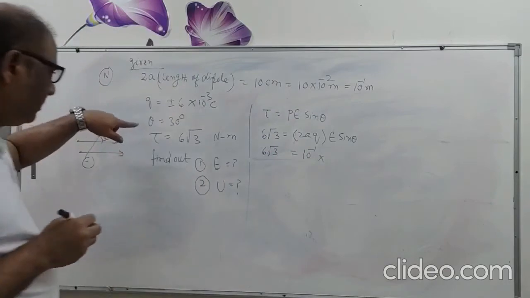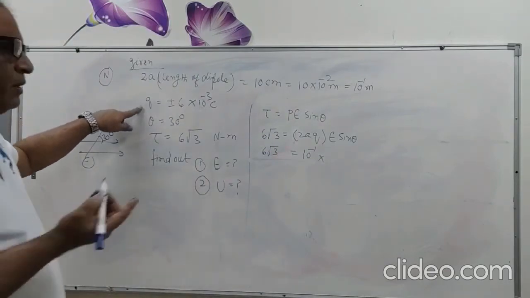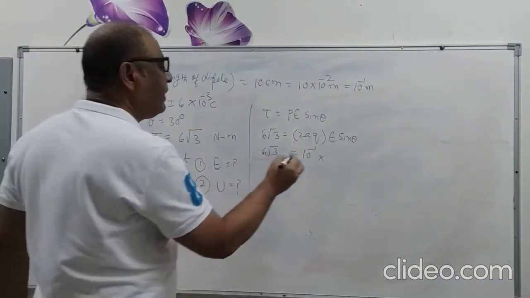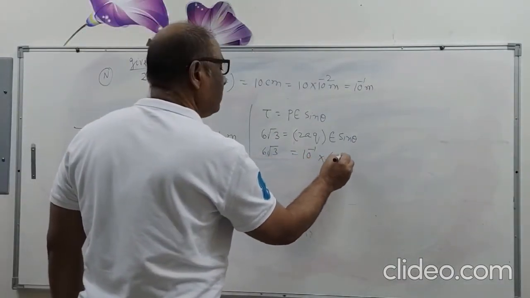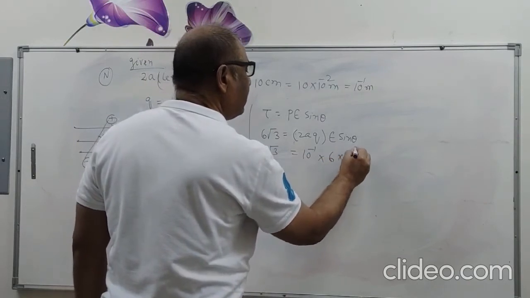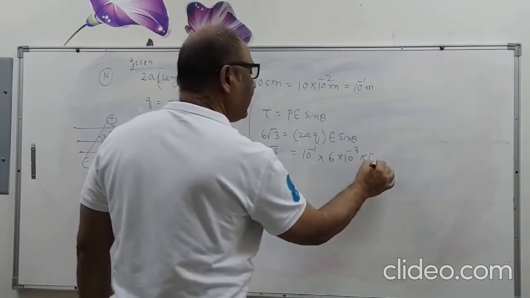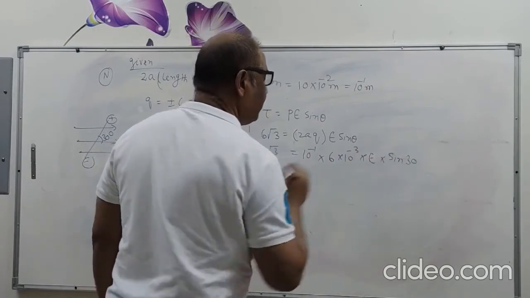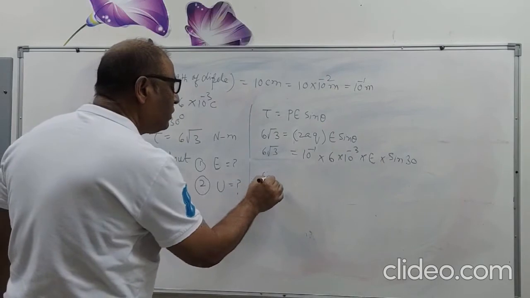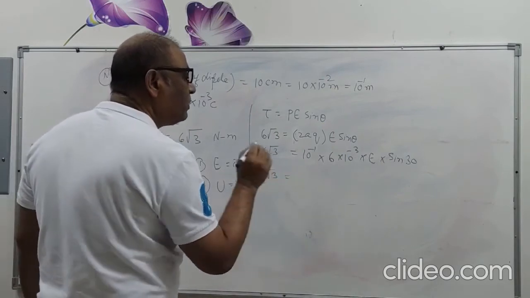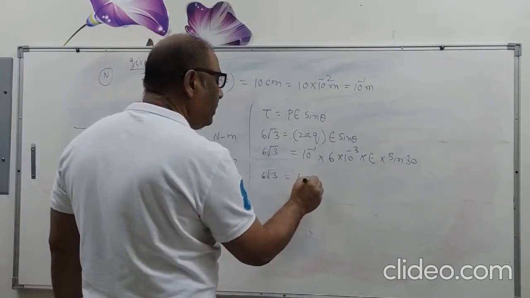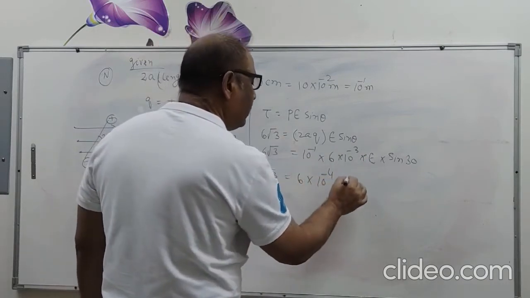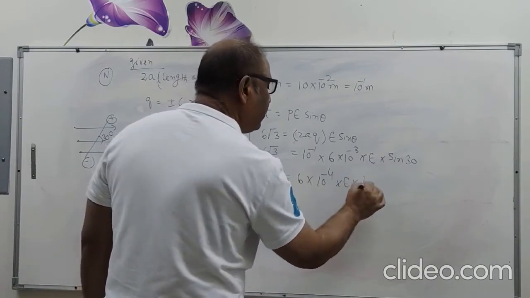For the charge, only the magnitude of one charge is taken, not the plus and minus sign, so 6 into 10 to the power minus 6 into electric field into sin 30. Now 6 root 3 equals 6 into 10 to the power minus 7 into electric field, with sin 30 being 1 by 2.